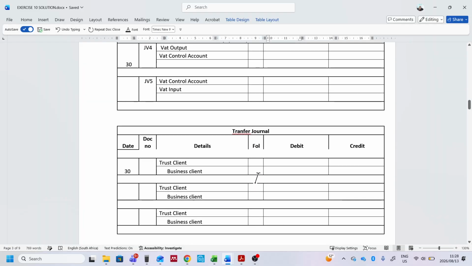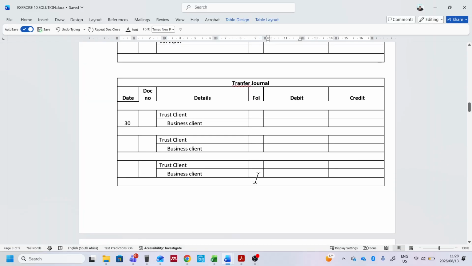And then lastly, the transfer journal. Every time you transfer money from the trust bank to the business bank, there should always be a record on your transfer journal to indicate from which client's account the money came and to which business client account the money was used to settle.